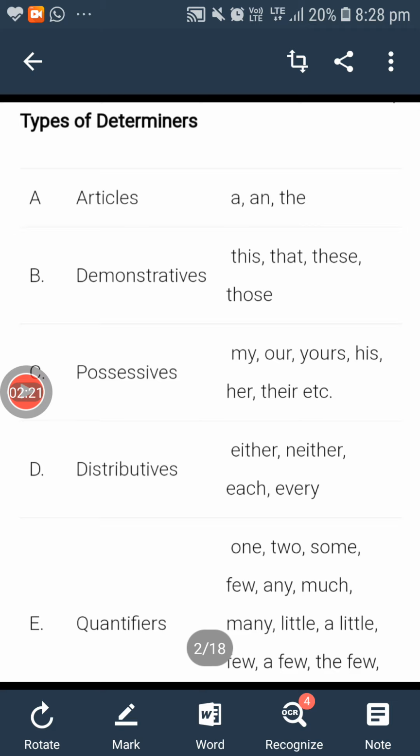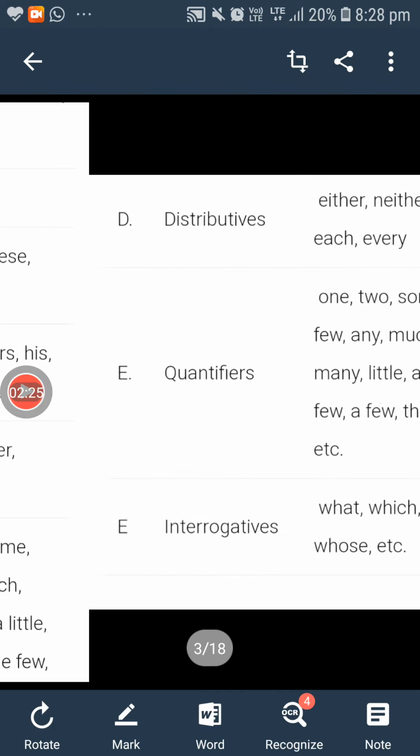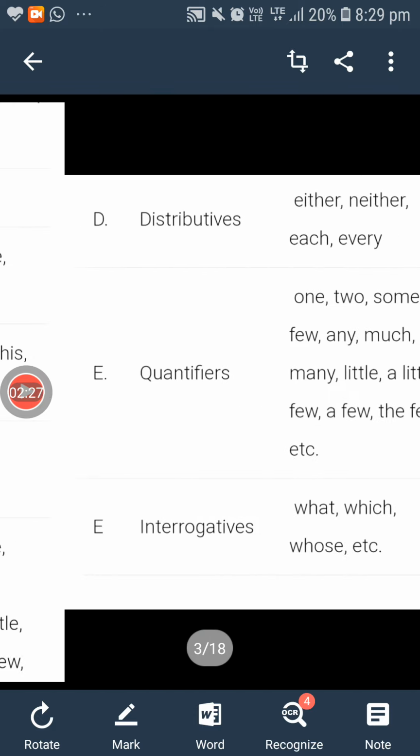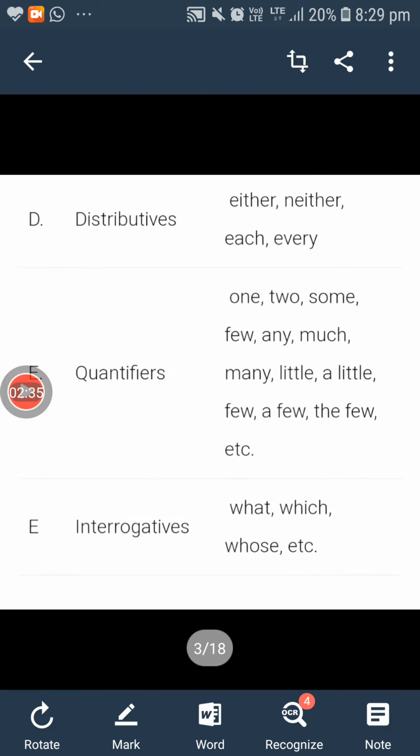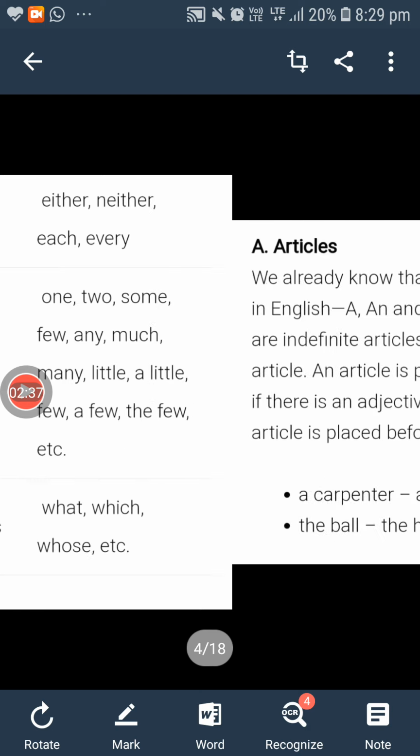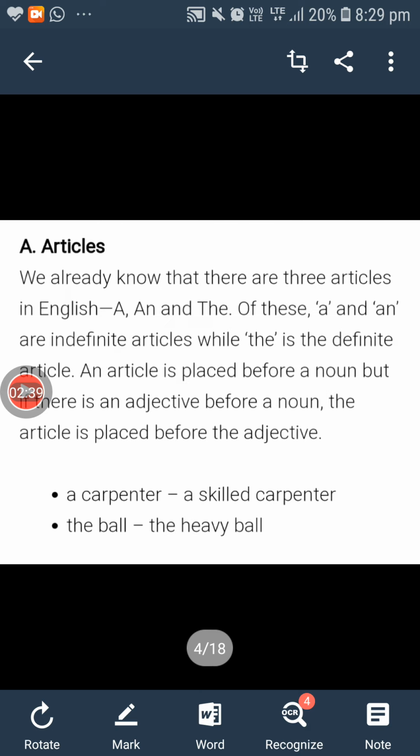So take the first category first. You can see this chart. We have articles, demonstratives, possessives, distributives, quantifiers and interrogatives. Then articles, we are starting.